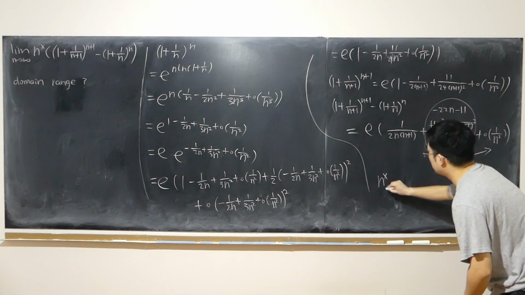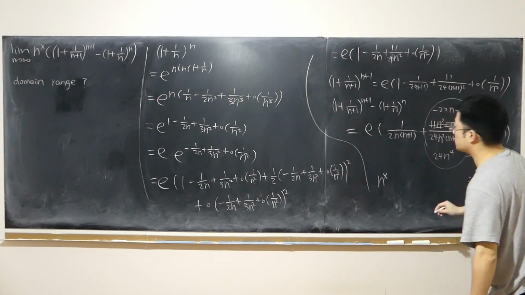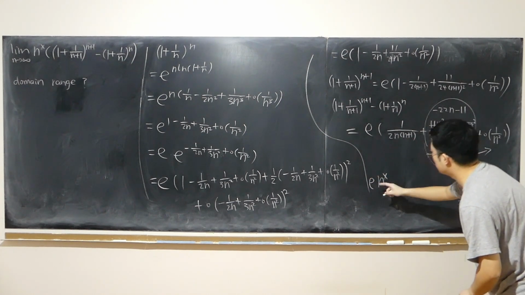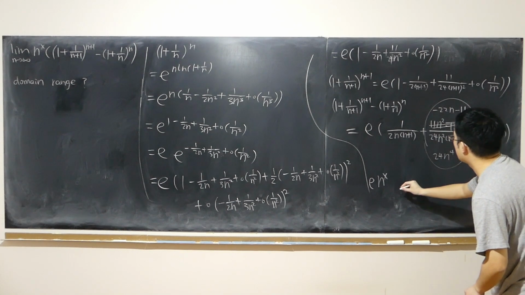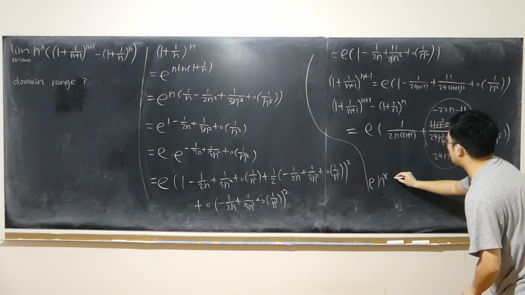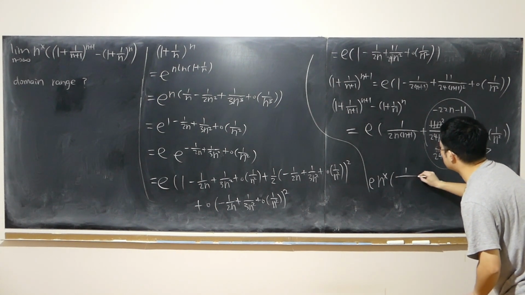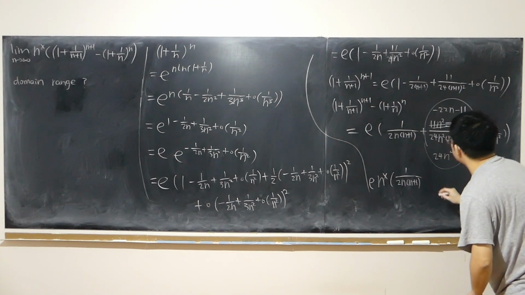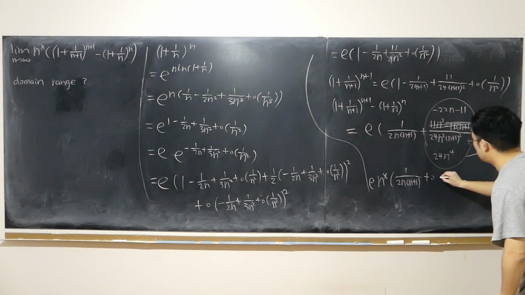Now I have n to the x times their difference times this, right? Times e, let me put it in front of here. So eventually I have 1 over 2n plus 1, plus little o of 1 over n squared.